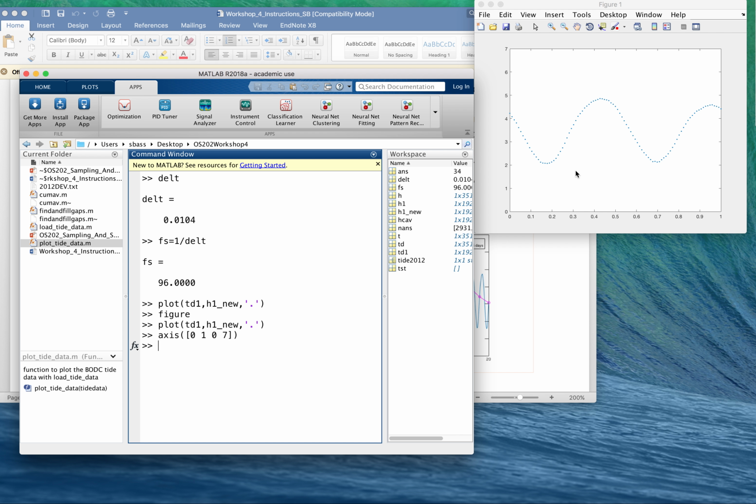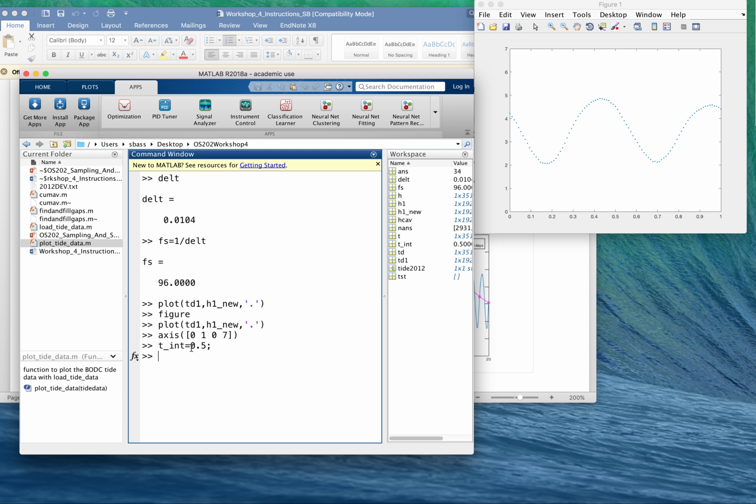So like I said, if we want to sample at an interval t_int equal to half a day, so t_int is equal to 0.5, then we would want to sample our time series.